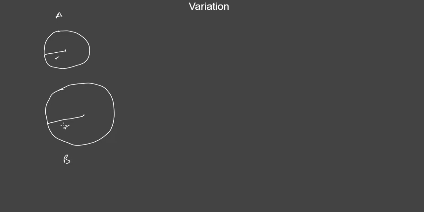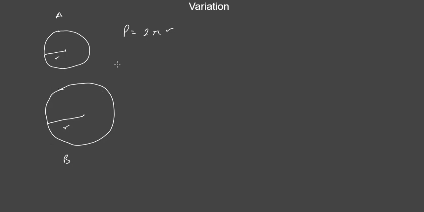Now, if I ask you what's the perimeter of this circle, we know the perimeter of a circle can be determined by P equals 2 pi r. But there's something you should observe here. The perimeter of a circle is actually the distance taken to go round, right? The distance it will take you to go round this smaller circle is shorter than the distance around this bigger circle.